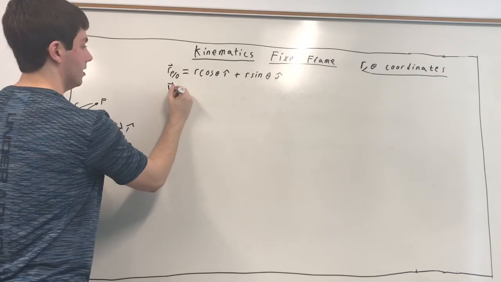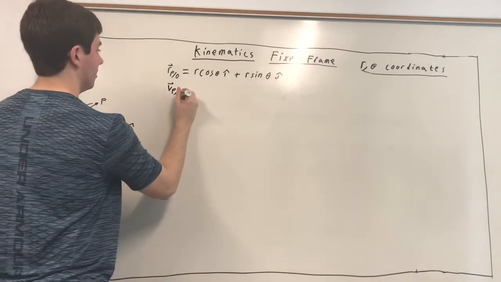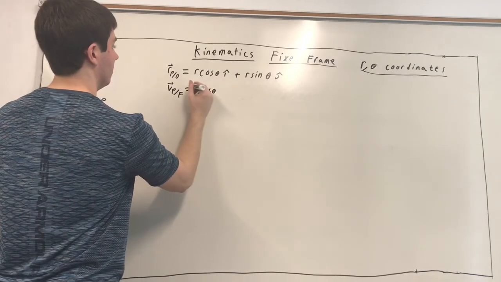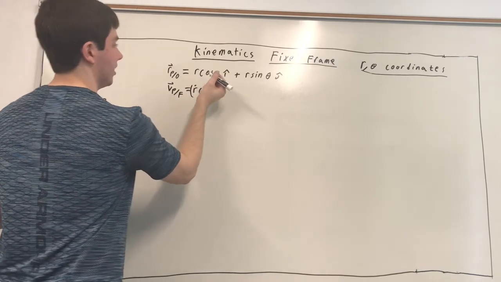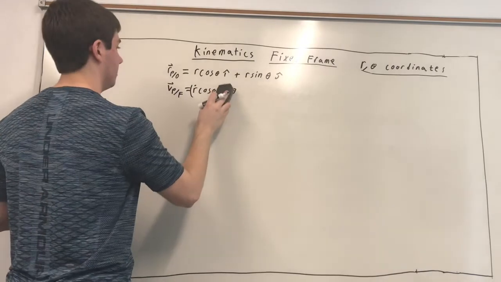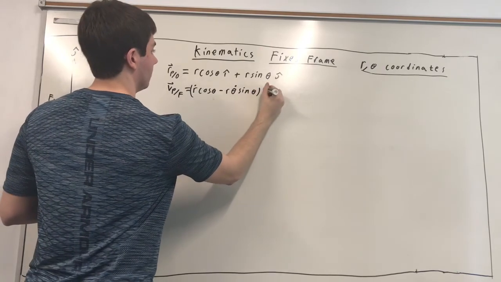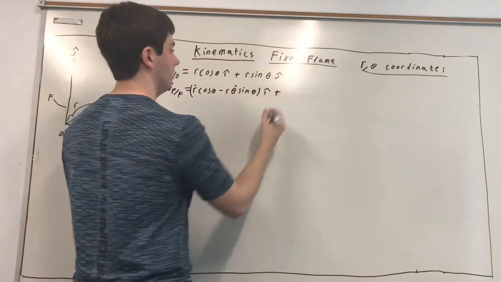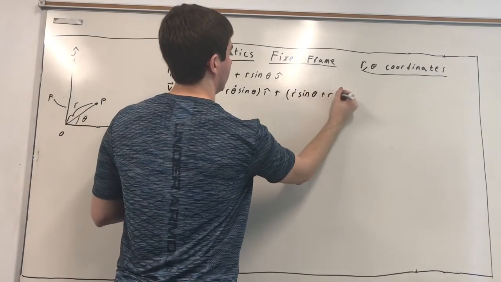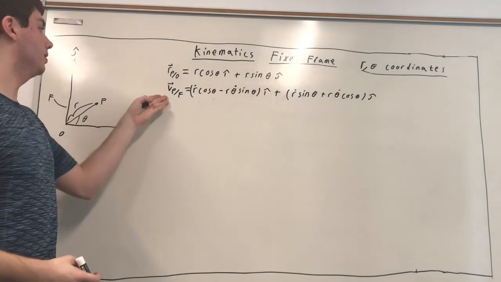So you have v of P with respect to the fixed frame equals r, this is a product rule, r dot cosine theta plus, use the chain rule because you're taking the derivative with respect to time and not with respect to theta, so plus r theta dot, this will be a minus, r theta dot sine theta i hat plus another product rule, r dot sine theta plus r theta dot cosine theta j hat.